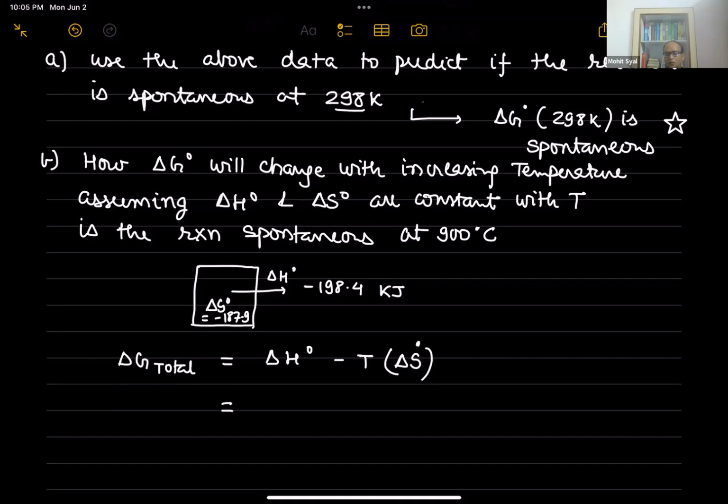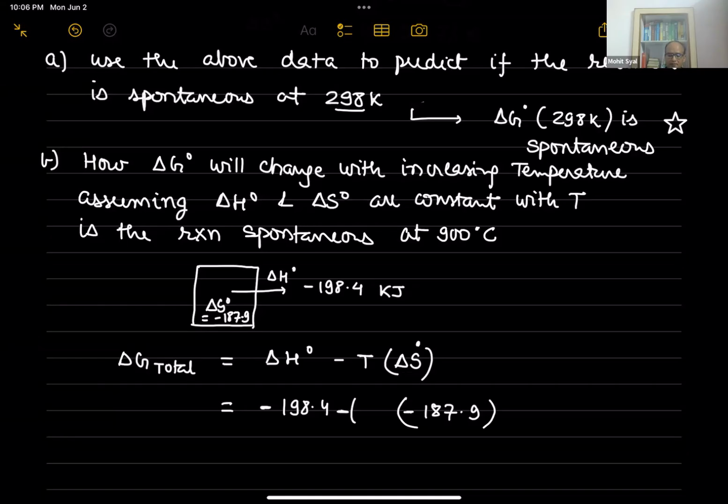So delta H is constant, minus 198.4. Nabila, it is told that delta S is also constant. How much is it? Minus 187.9. Clear? Yes. And the temperature, how much is it taken?